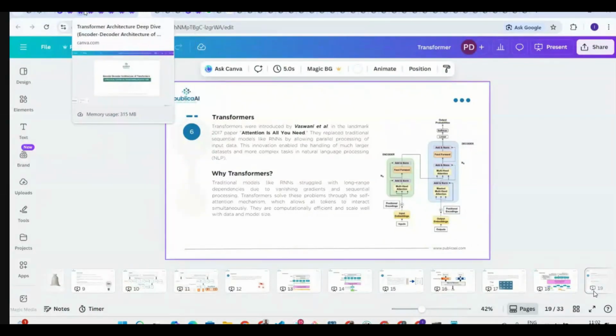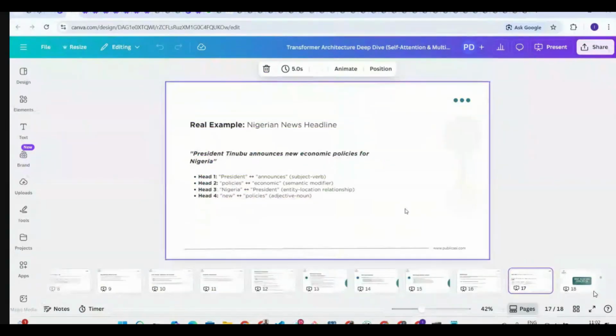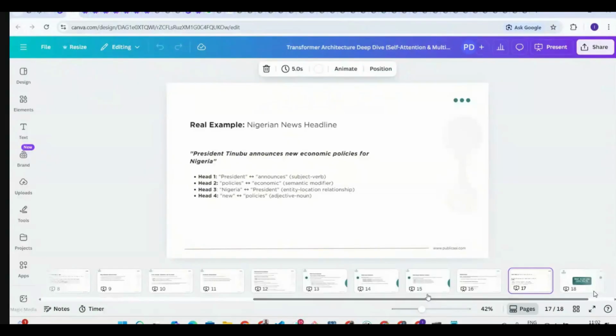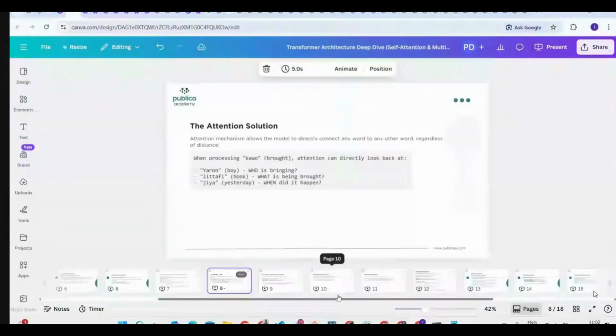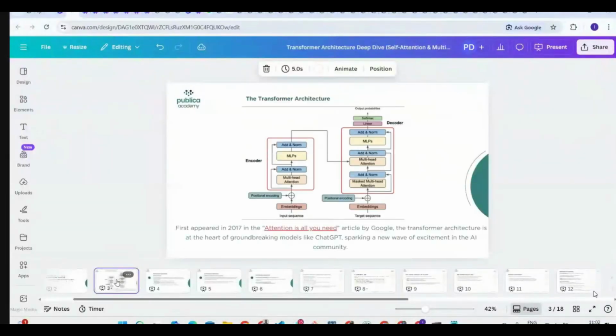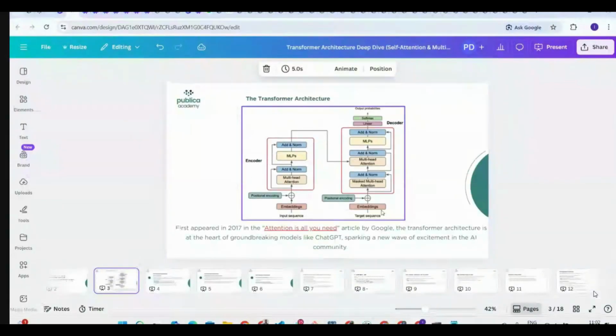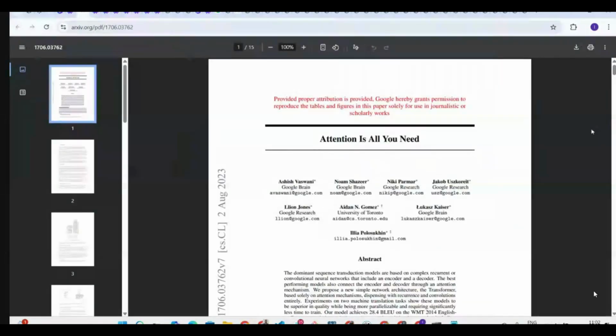Okay, this is actually the correct one. So you can always get the correct one from this research paper. So let's go there. I guess I've shown us this.